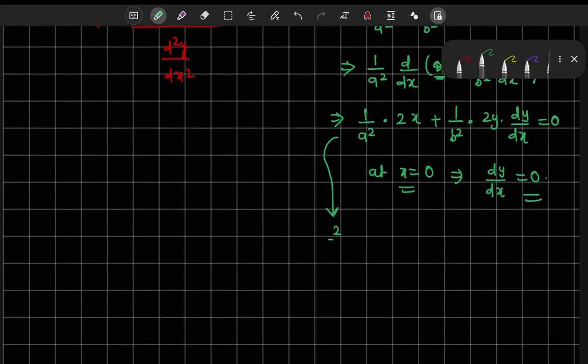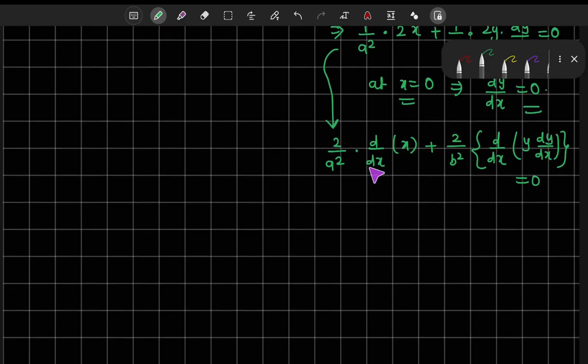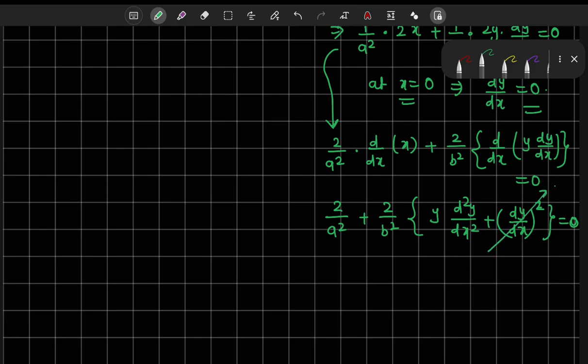So we will get 2 by a square into d by dx of x plus 2 by b square into d by dx of y times dy by dx is equal to 0. Okay, so d by dx of x is 1, so we will get 2 by a square plus 2 by b square times y times d square y upon dx square plus dy by dx whole square is equal to 0. So dy by dx is 0.